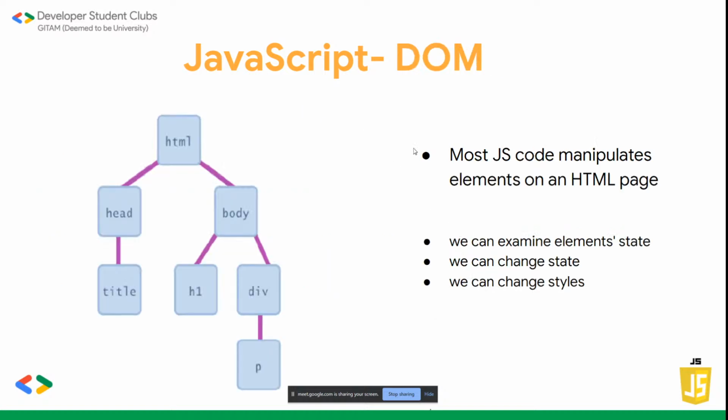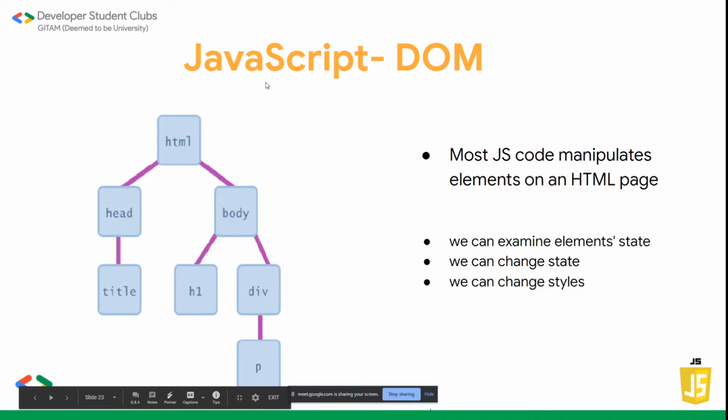Coming to the JavaScript DOM, DOM is nothing but the document object model. Everything that you write in HTML is a DOM object. I know this sounds confusing to you, but it will be much easier. This is the main tree, HTML. We divide it into head, body, and so on as we write the HTML.